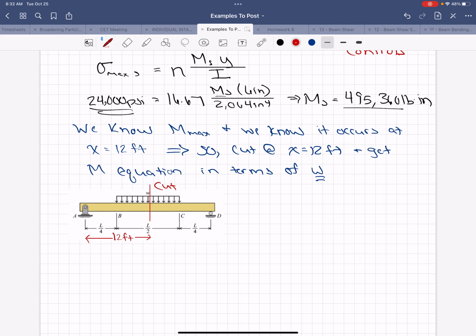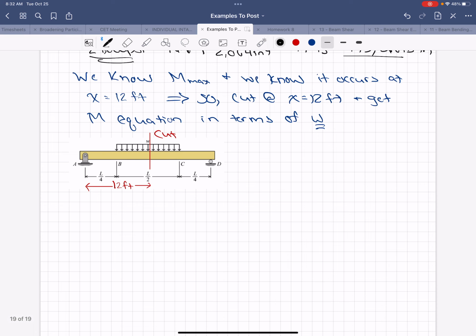So I have to solve for the reactions with W as a variable. So I have RA. I'm treating this as just W times 12 feet. And then I have RD.